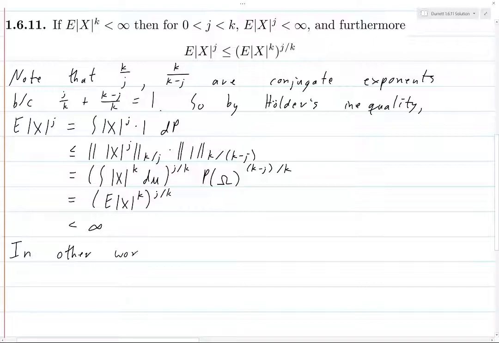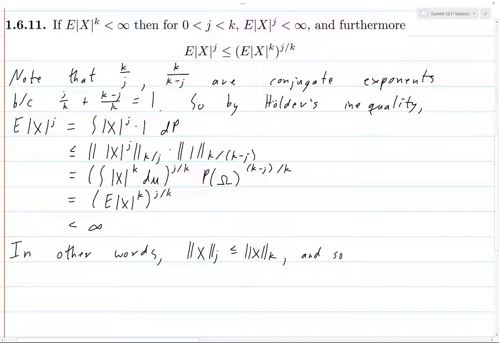So if we take this, the expected value of |X|^j is less than or equal to the expected value of |X|^k quantity to the power of j over k, and you take the jth root of this inequality, then the thing on the left is just the j norm of X. So ||X||_j is less than or equal to ||X||_k. And the thing on the right, the j's will cancel, and so you'll be left with the expected value of |X|^k quantity to the power of 1 over k, which is precisely the k norm.